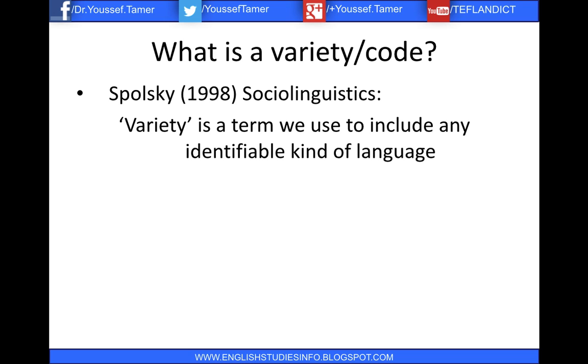From this general term, the variety, you can have languages, dialects, vernaculars, registers, all types of things together. So it's a term we use to include any identifiable kind of language.